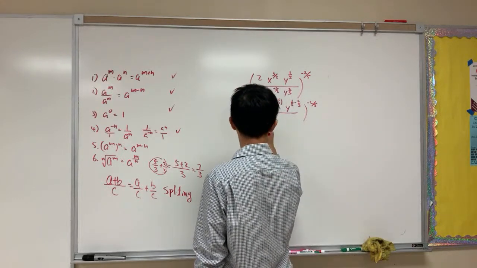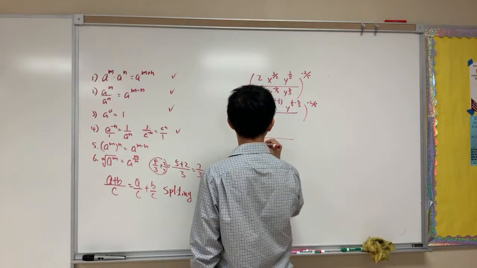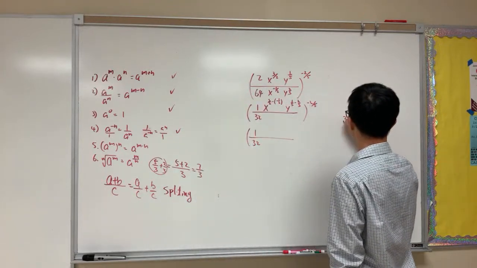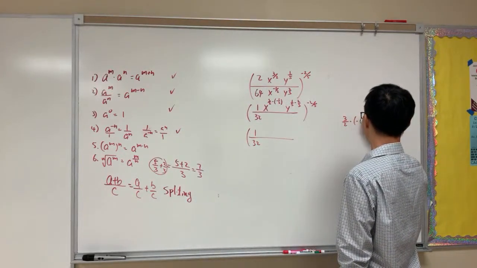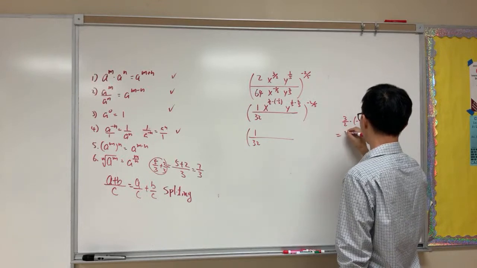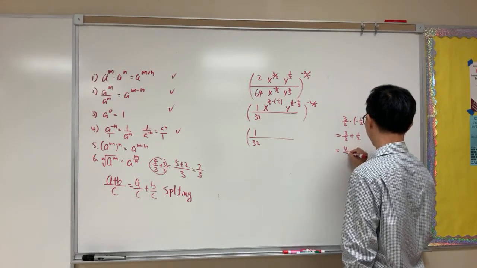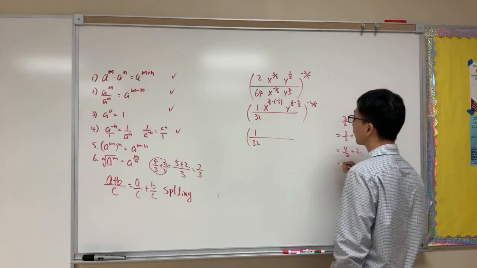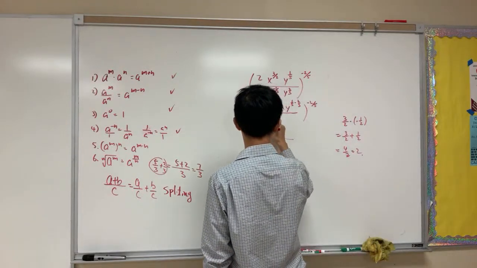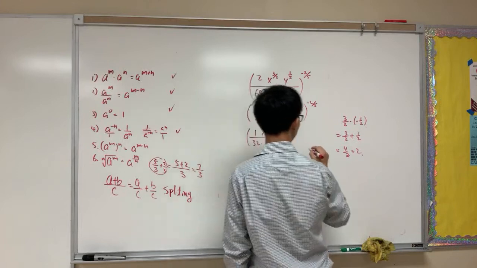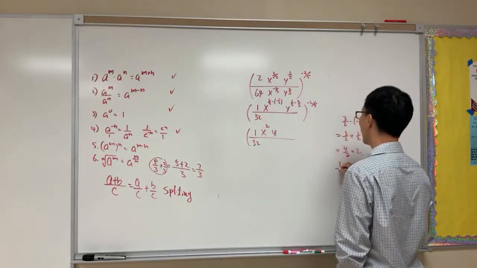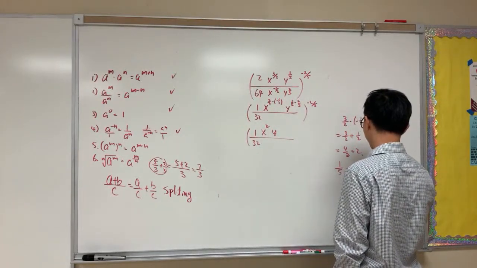Now I'm going to get 1 over 32. Again, 3 over 2 minus negative half. So that's equal to 3 over 2 plus 1/2. That's equal to 4 over 2. That's equal to 2. So it'll be x to the 2 and y to the, well, 1/5 minus 2/3.